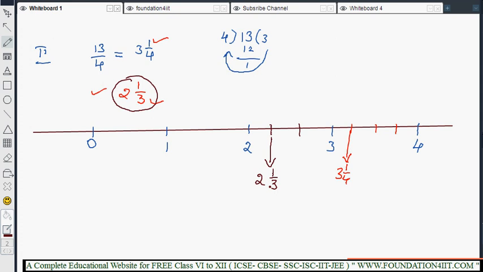And the most important thing is the last one: if they give negative numbers, negative fractions and negative rational numbers, how to do it, we'll see. Just do it on the negative side, which means below 0.